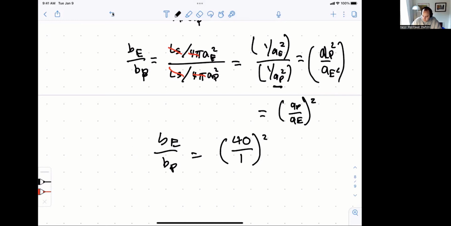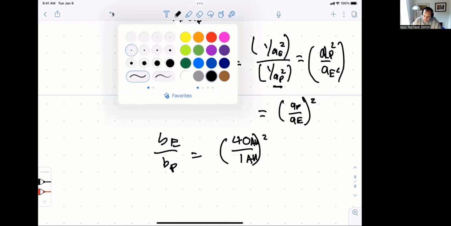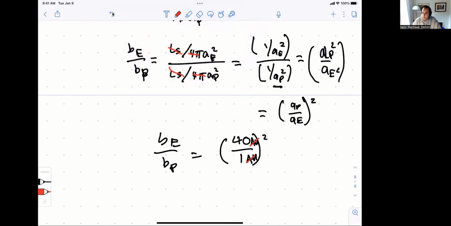Because this is 40 AU and this is 1 AU, the units cancel out, and I've got 40 squared. 40 squared is a big number. 40 times 40 is 1,600. So the brightness of the sun, as seen from the Earth, is 1,600 times greater than it is at Pluto.